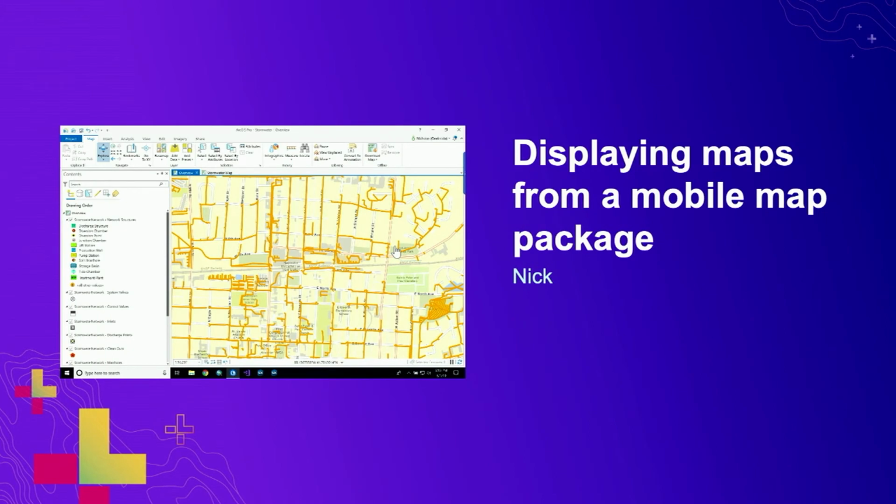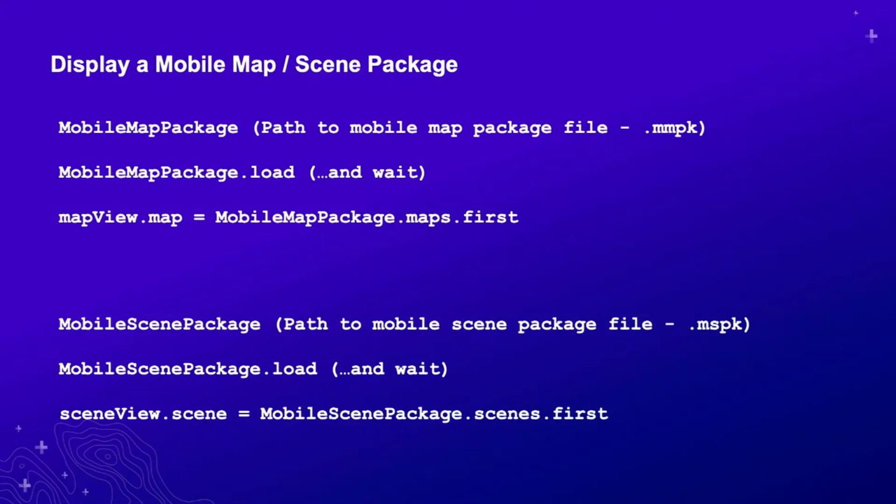Nice demonstration there. You can get an idea of how fairly straightforward it is working with these packages. So when you're displaying a mobile map package or scene package, Nick showed you this code already. It's as simple as you create a mobile map package, instantiating the class, passing in the path, you call load.